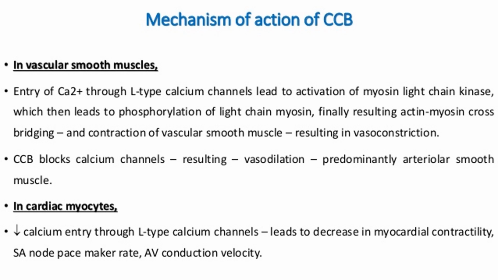By giving a calcium channel blocker, we are inhibiting all this process, resulting in vasodilation. Now what happens in cardiac cells or myocytes? Decreased calcium entry through L-type channels. This leads to a decrease in myocardial contractility, SA node pacemaker rate, and also the atrioventricular conduction velocity is decreased.